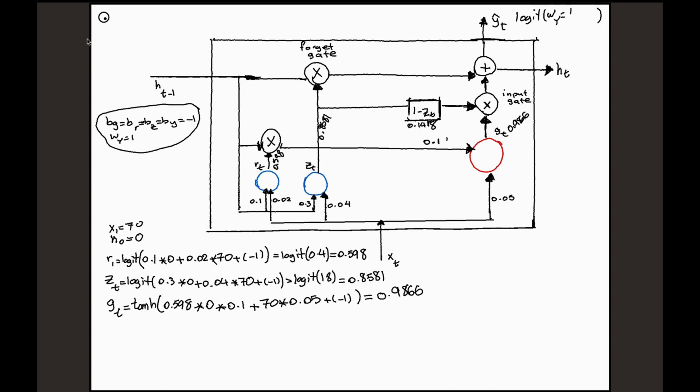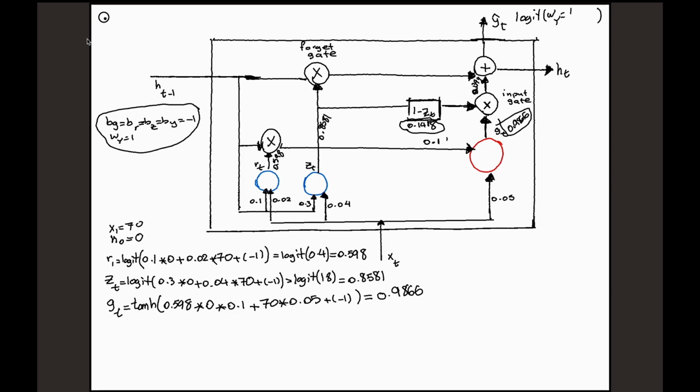The input gate needs to multiply this number by that 14%. If you multiply these two numbers, what is coming out of it is 0.1399. I hope that you can read that.